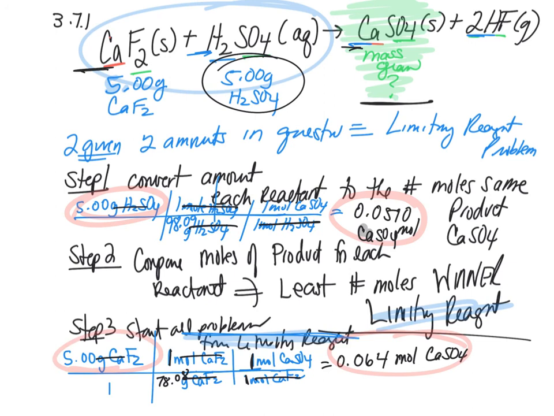So what's smaller, 0.051 or 0.064? That's right, so this is smaller, so sulfuric acid is my limiting reagent. Now I have to do all problems based on that. So the question was, what's the mass of calcium sulfate produced? Well, I have the grams right here.